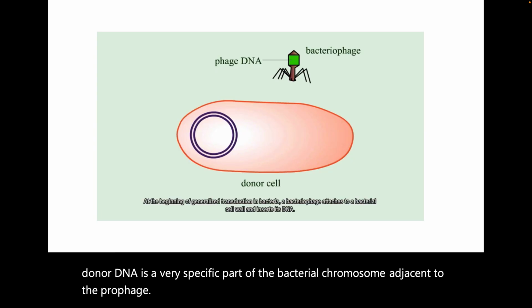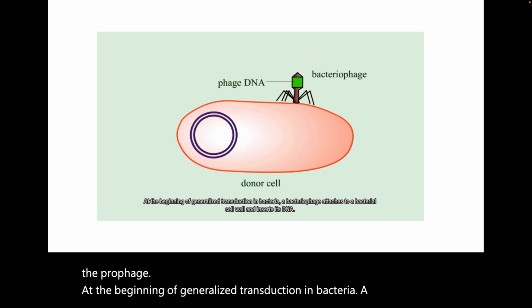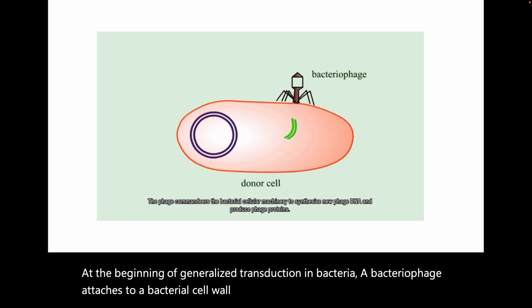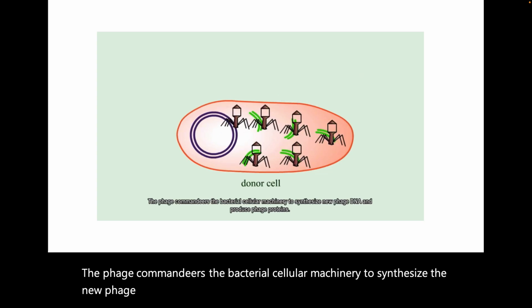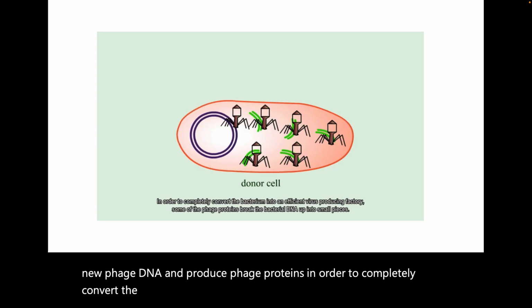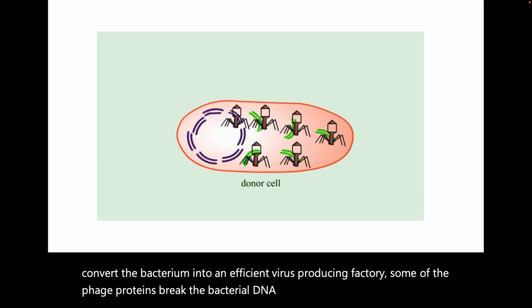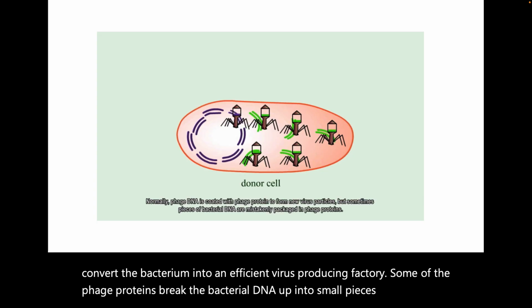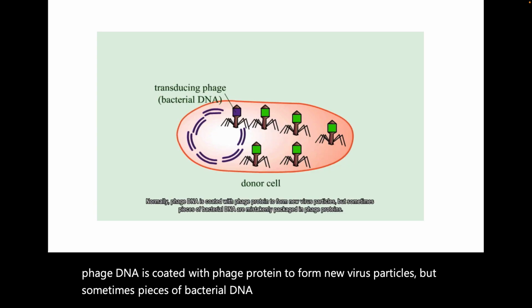At the beginning of generalized transduction in bacteria, a bacteriophage attaches to a bacterial cell wall and inserts its DNA. The phage commandeers the bacterial cellular machinery to synthesize the new phage DNA and produce phage proteins. In order to completely convert the bacterium into an efficient virus-producing factory, some of the phage proteins break the bacterial DNA up into small pieces. Normally, phage DNA is coated with phage protein to form new virus particles, but sometimes pieces of bacterial DNA are mistakenly packaged in phage proteins.